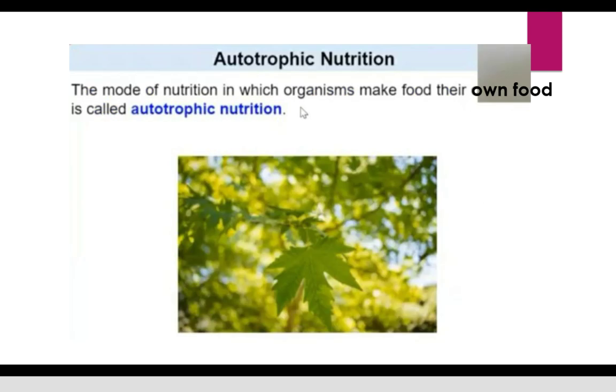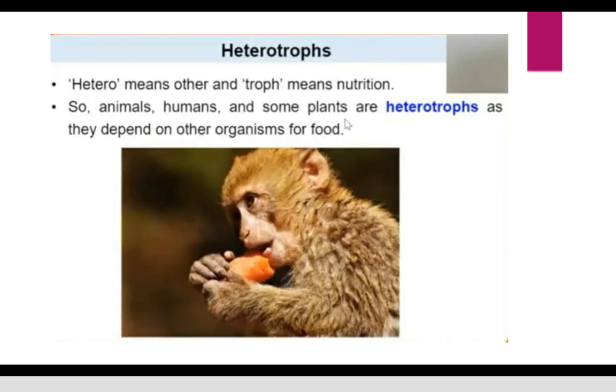Autotrophic nutrition: the mode of nutrition in which organisms make their own food with the help of photosynthesis is called autotrophic nutrition.